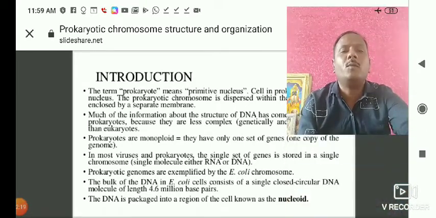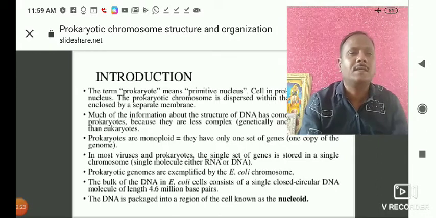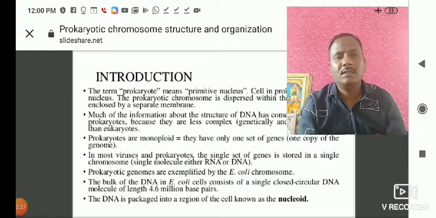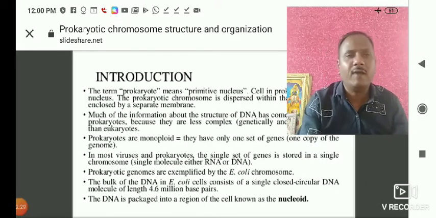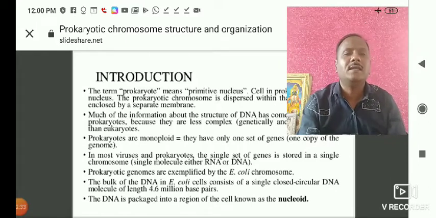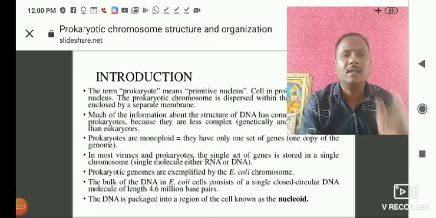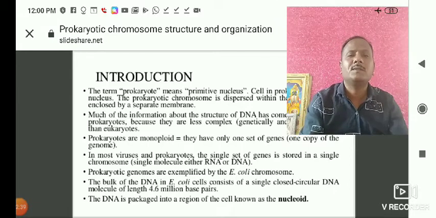Prokaryotics are monoploids. Monoploids means they have only one set of genes, and there is only one copy of the genome, because in bacteria and viruses there is the presence of either DNA or RNA. It means that the single set of genes is stored in DNA form or RNA form.